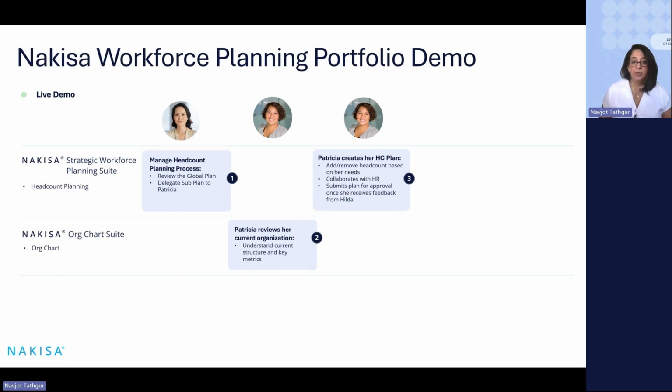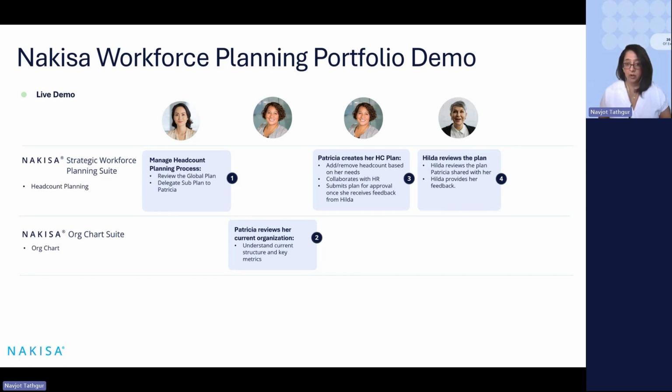Here, she will be able to add and remove her headcount base as she needs. She'll be able to collaborate with HR and then eventually submit her plan for review and approval to Carla. And Hilda's role here, Hilda is going to be added as a collaborator, and she'll be able to provide her feedback directly within the product itself to Patricia.